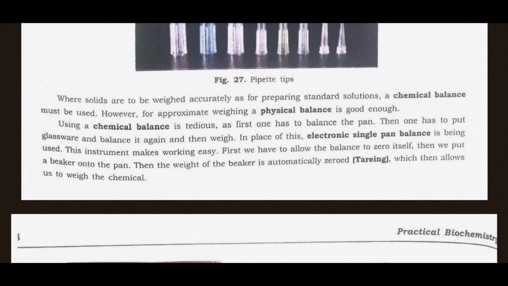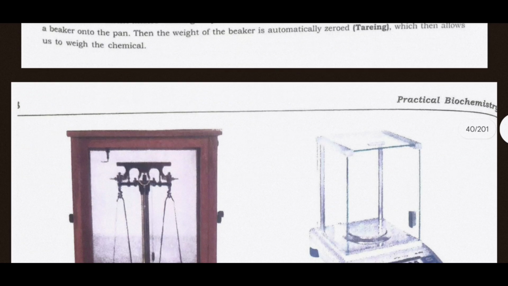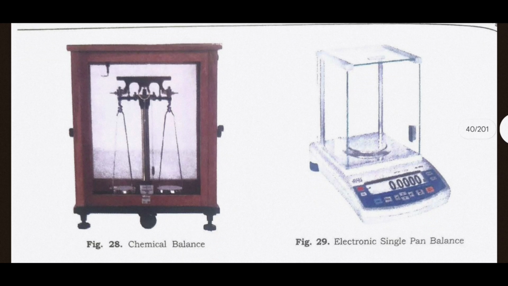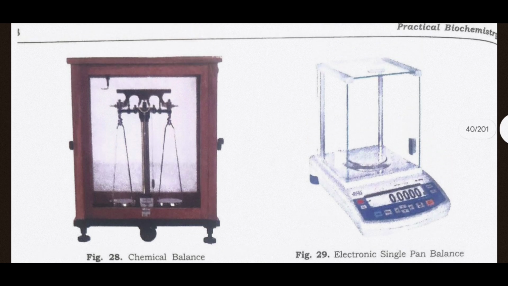First we have to allow the balance to zero itself. Then we put a beaker into the pan. Then the weight of the beaker is automatically zeroed, tared, which then allows us to weigh the chemical. Chemical balance, electronic single pan balance.